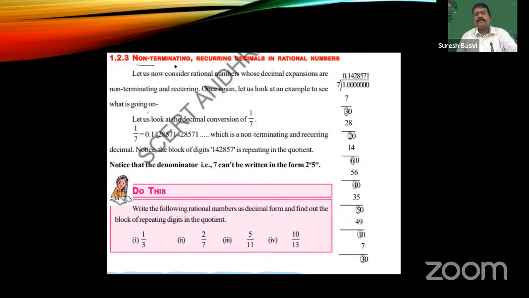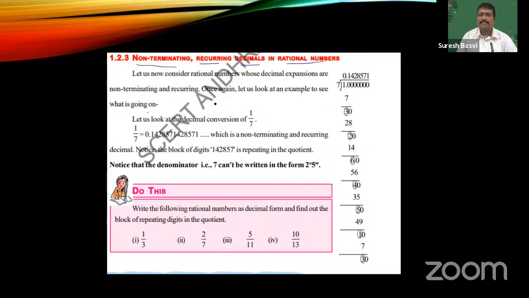See this non-terminating recurring decimals in rational numbers. So let us now consider rational numbers whose decimal expansions are non-terminating and recurring.